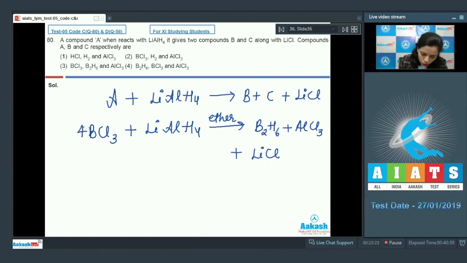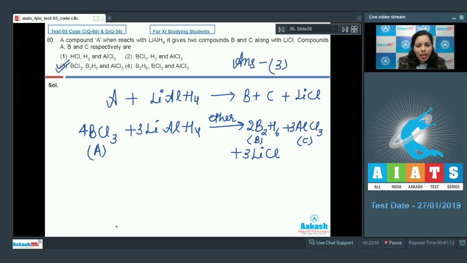Let me balance this also. This is the balanced reaction, and on this basis we can see this is compound A, this is B, and this is C. On that basis, option 3 is the correct one that I've chosen here. After this, there's another question.